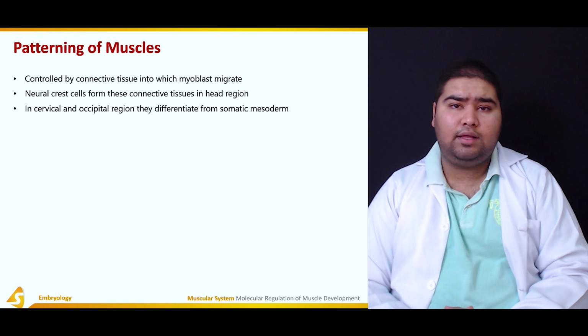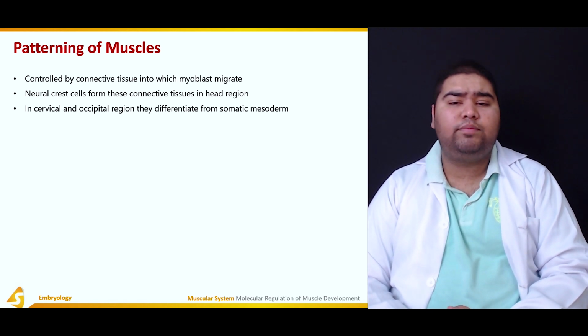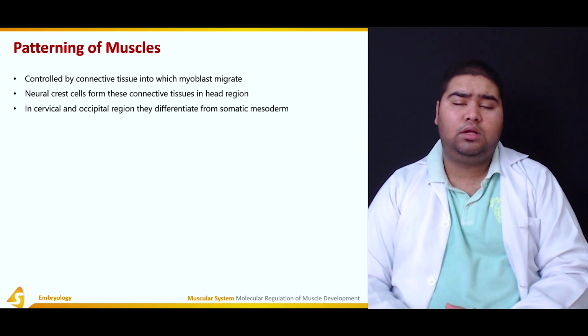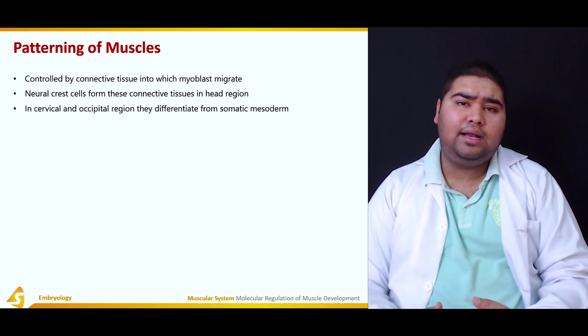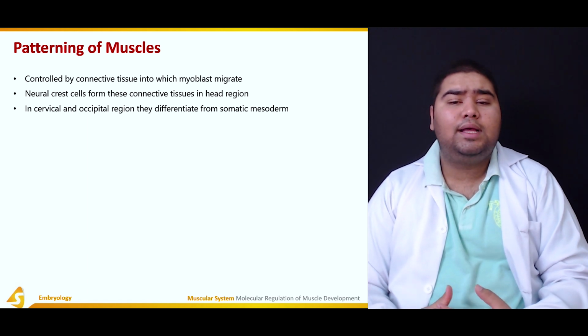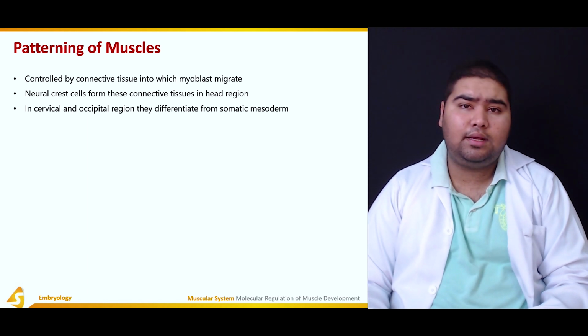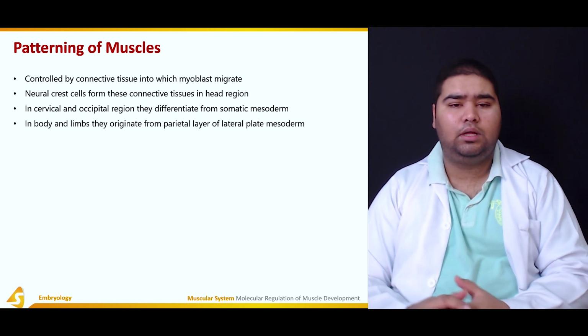In the cervical and the occipital region, they differentiate from the somatic mesoderm. So in the cervical and the occipital region, the origin of these connective tissue cells is somatic mesoderm.